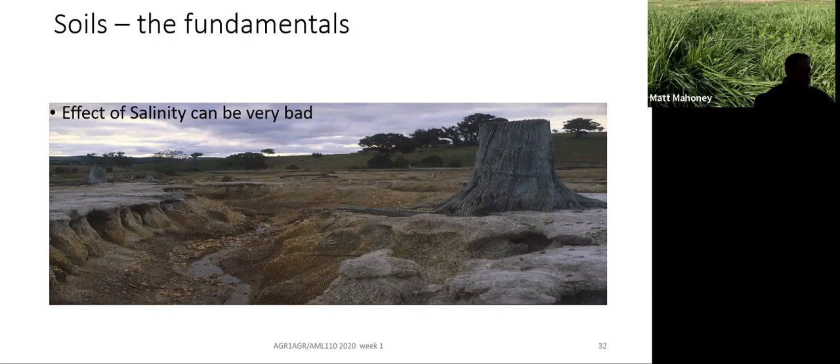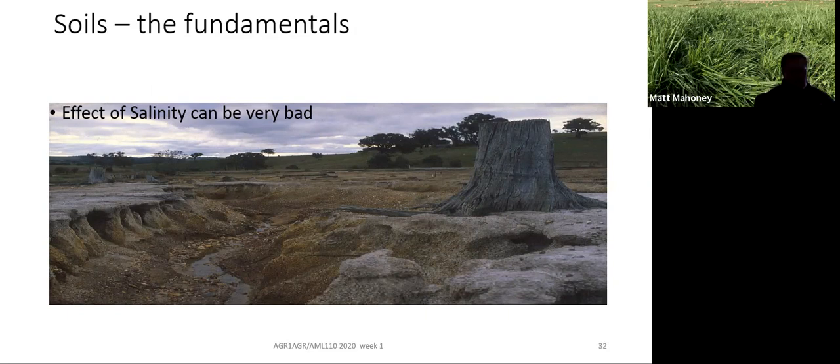So when the water is not used and deep drainage to the water table increases and the water table rises, this is how bad it can get. There are some native plants and trees which are very effective at using this wastewater or high salt water, and removing them reduces that capacity and leads to salinity issues.